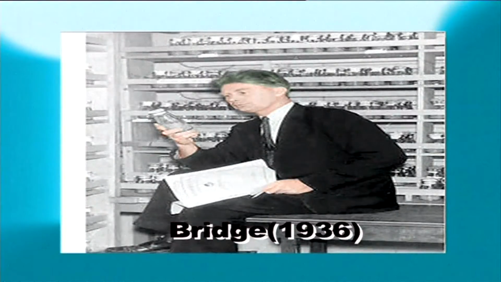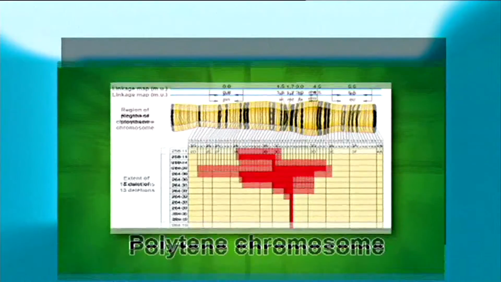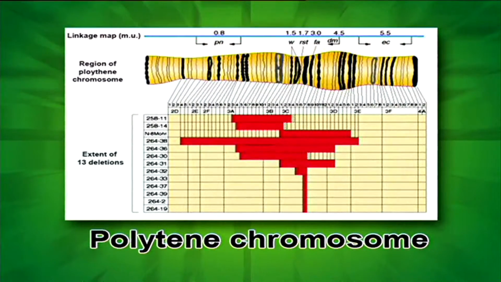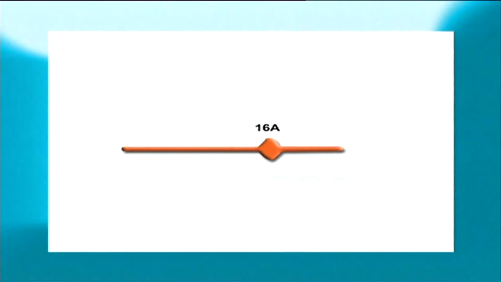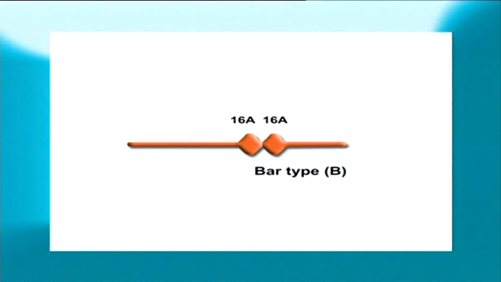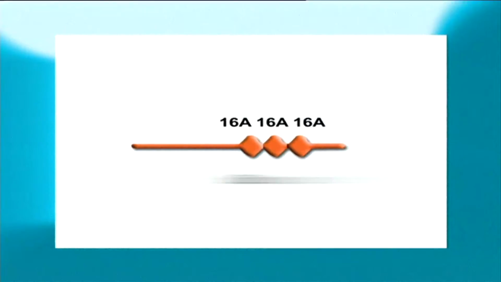Some 10 years later, Bridges and Muller compared the polytene X chromosome banding pattern of the bar fly with that of the wild type fly. The Bridges-Muller studies revealed that one copy of region 16A of the X chromosome was present in the wild type flies and that this region was duplicated in bar flies and triplicated in double bar flies.